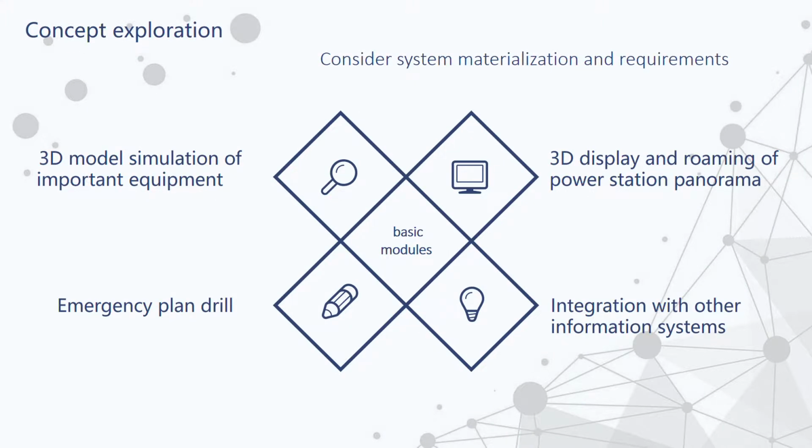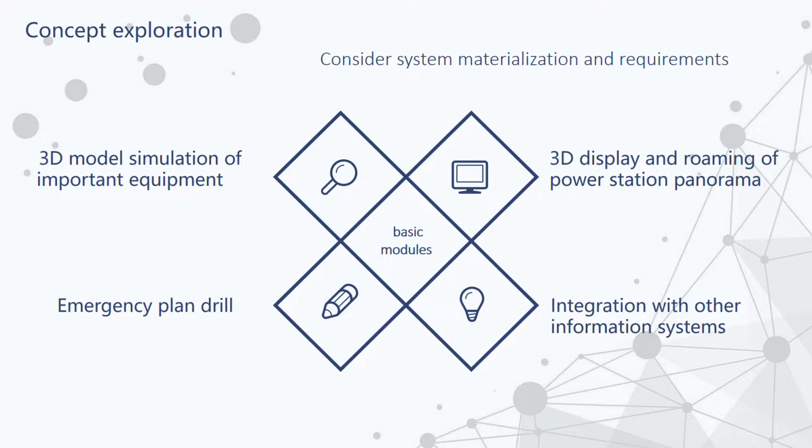And the next part is the concept exploration. In this part, we should consider system materialization and requirements. So how to make it reliable? I propose four basic modules. The first one is the three-dimensional model simulation of important equipment.